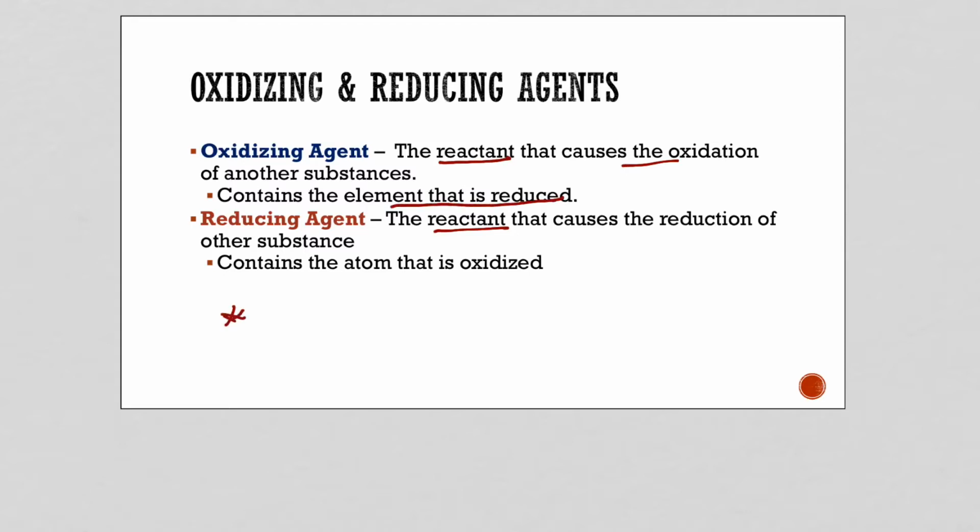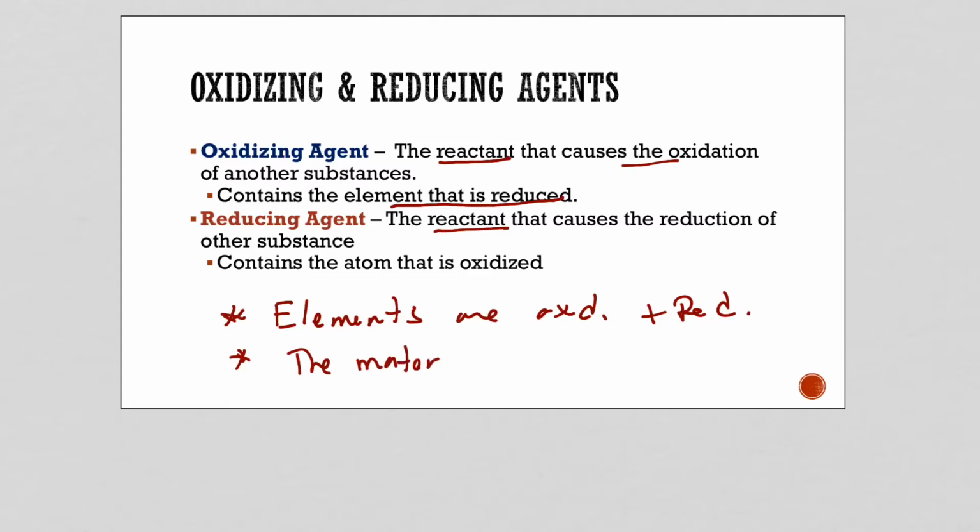Some things to keep in mind is that individual elements are oxidized and reduced. They undergo the processes. The material that contains those elements are the agents.